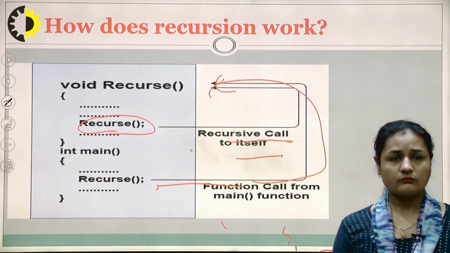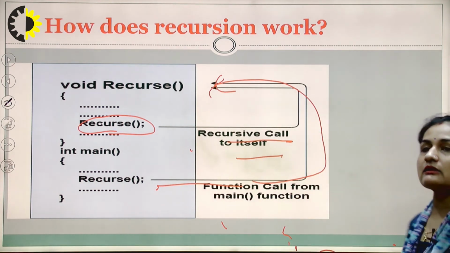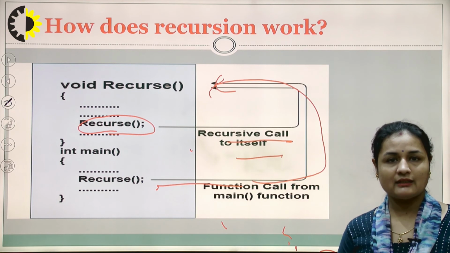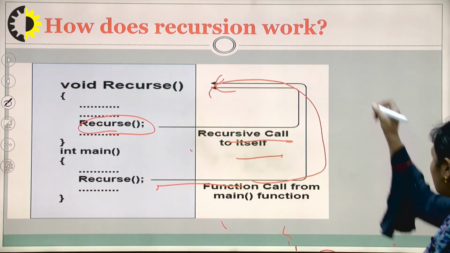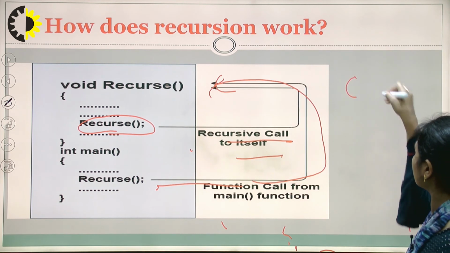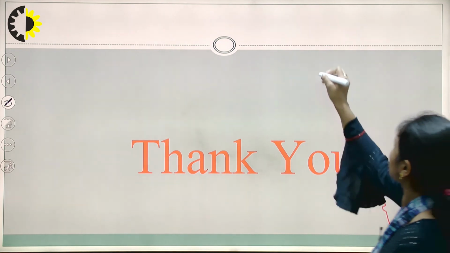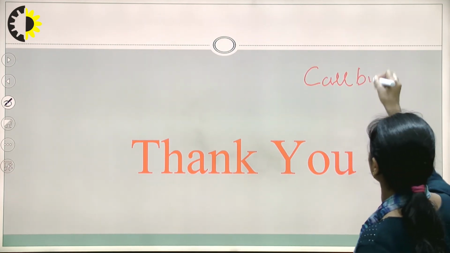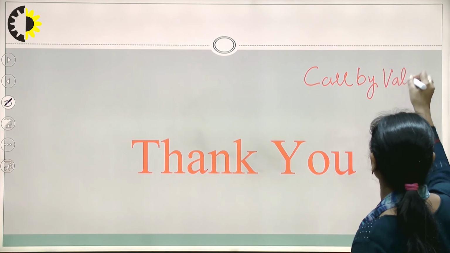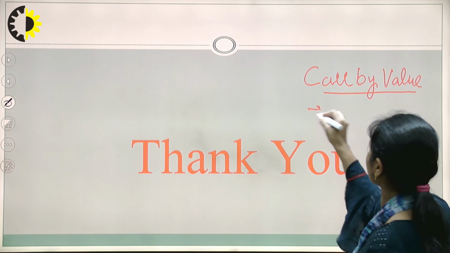So, I think it is clear to everyone what is recursion, what is the call by value method, and what is the call by reference method. One thing to keep in mind: when we talk about call by value, we use different locations.